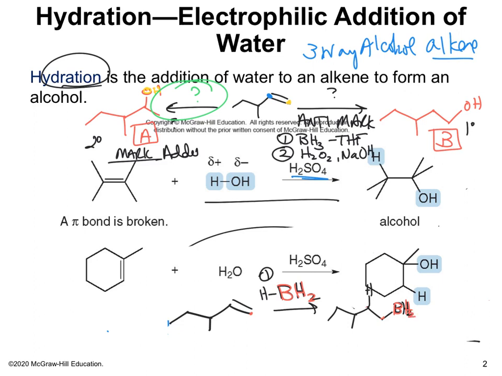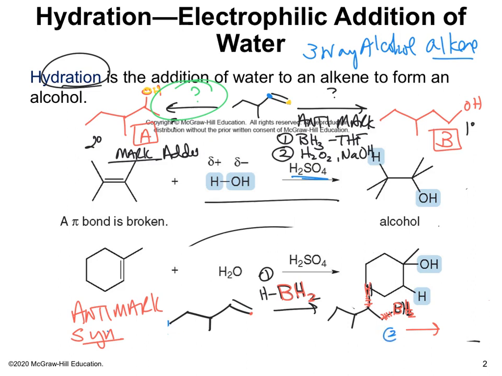And then the next thing that happens, and this is going to be either all dashes or all wedges, so this is anti-Markovnikov. This is also syn. So the hydrogen and the BH2 add at the same side, and you can show that by all dashes or all wedges.